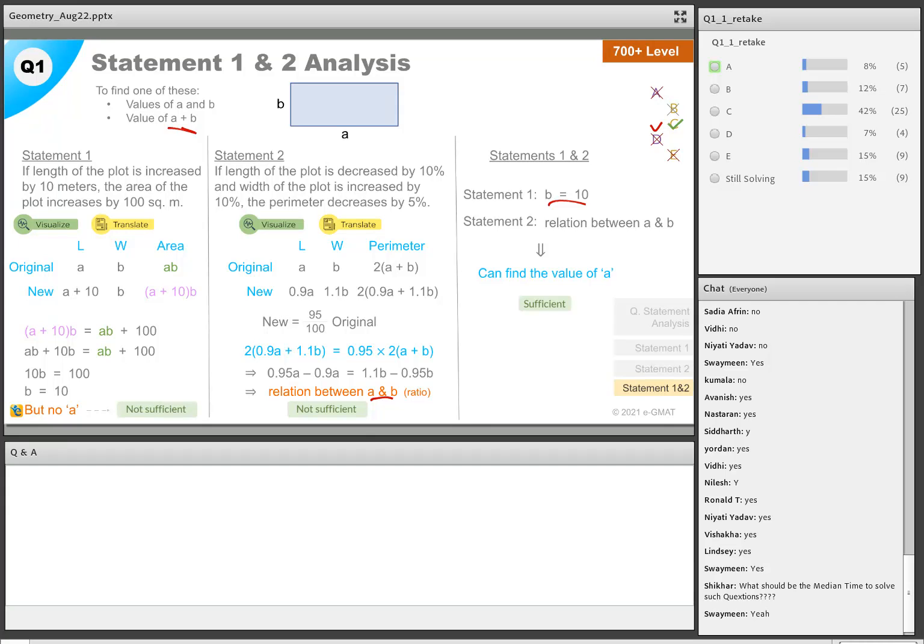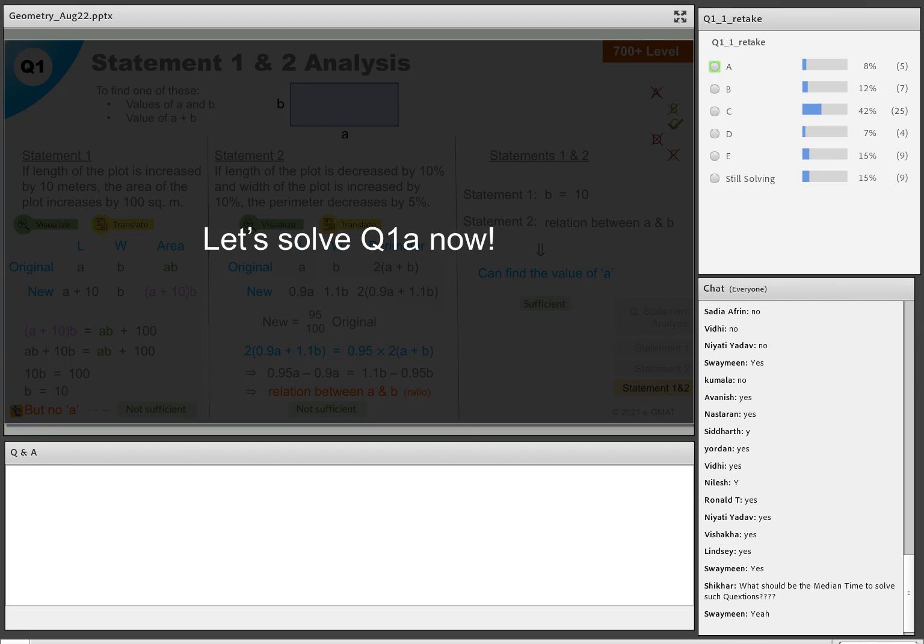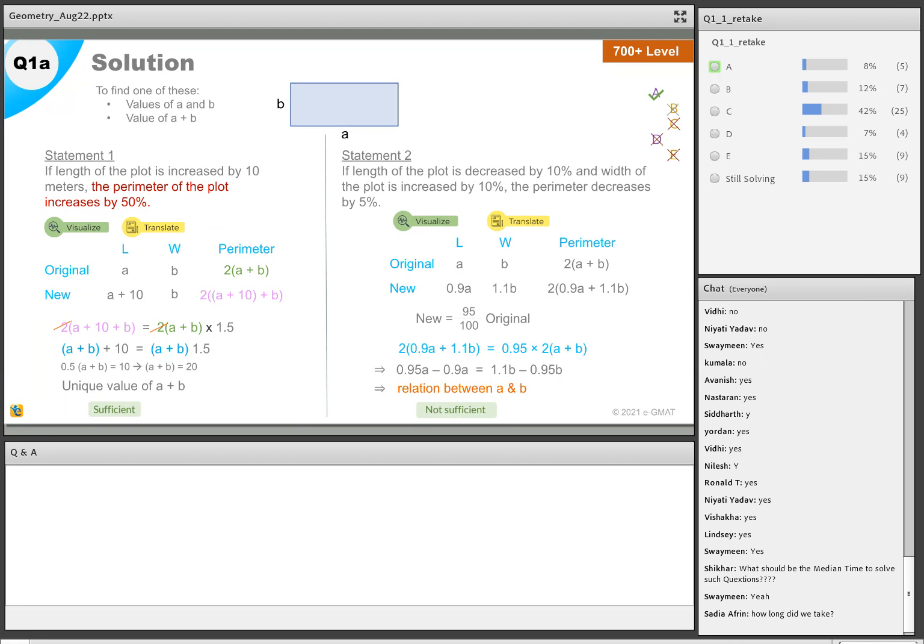With that, let's move on to the second question that I've given you, question 1A. In this question, we also had to find the values of A and B, or the sum of A plus B. The thing over here is that only the statements changed. The question stem did not change.